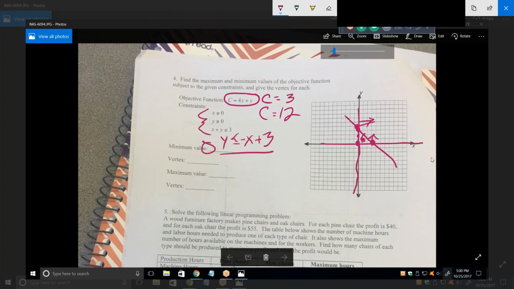So my minimum value is 0. What's my maximum value? 12. There are 3 vertices: one at 0, 0, another at 0, 3, and a third at 3, 0.